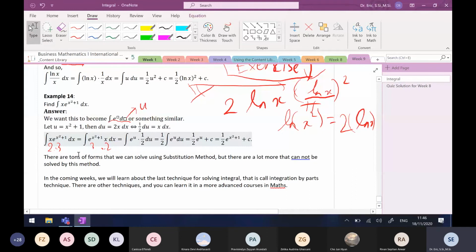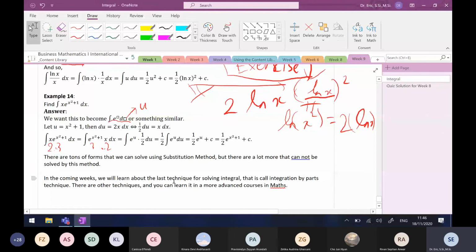In the end, there are tons of forms that we can solve using the substitution method, the substitution technique. But there are a lot more that cannot be solved by this method. So we will discuss the last technique in 2 weeks. Next week we will discuss the application of the substitution method and the direct method for the integral, and in the coming 2 weeks we will discuss the last technique for integration.